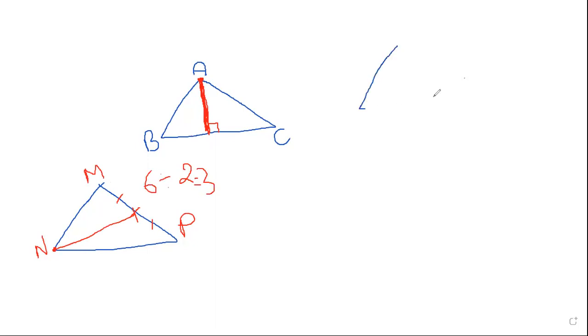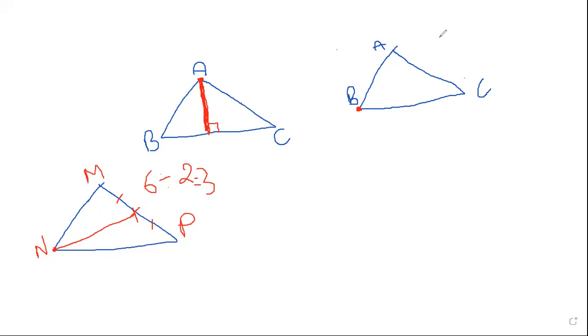Suppose we have any triangle ABC, and I need to draw the bisector of angle ABC, which is at vertex B. We draw the bisector for an angle, so we use a protractor.